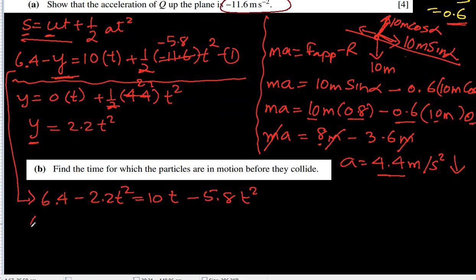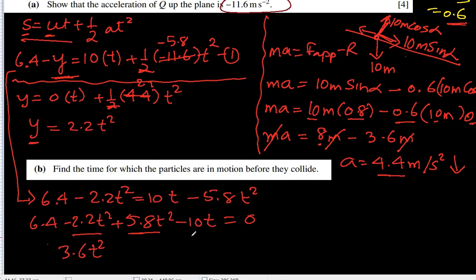So 6.4 minus 2.2 t square plus 5.8 t square minus 10t equal to 0, and this will make it 3.6 t square, then we have minus 10t, and then plus 6.4 equal to 0.